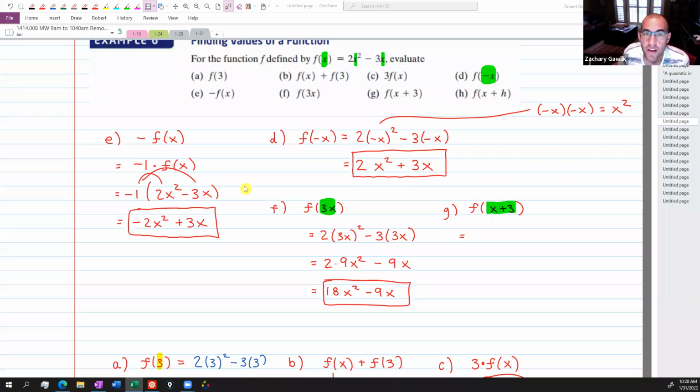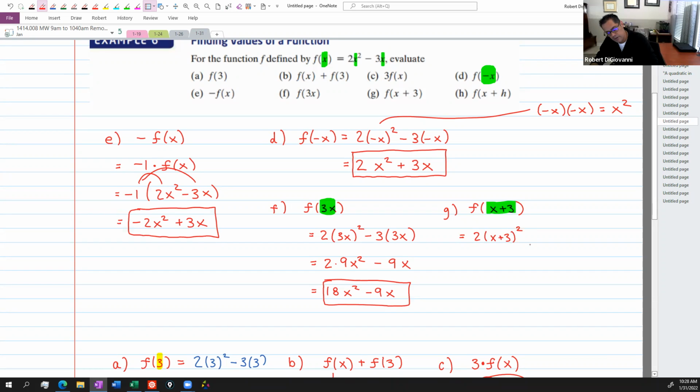Okay. You ready? Yeah. Okay, go for it. So 2 parentheses x plus 3 close parentheses squared, minus 3 parentheses x plus 3 close parentheses. There we go. Perfect.